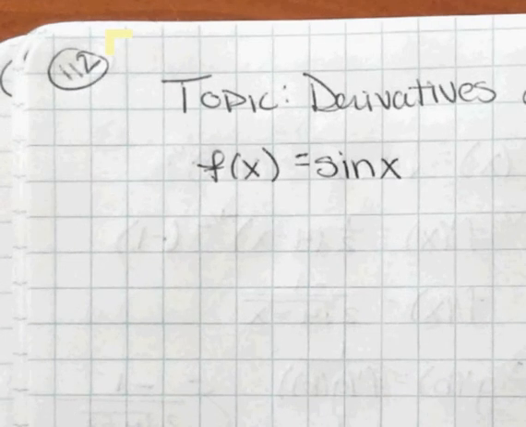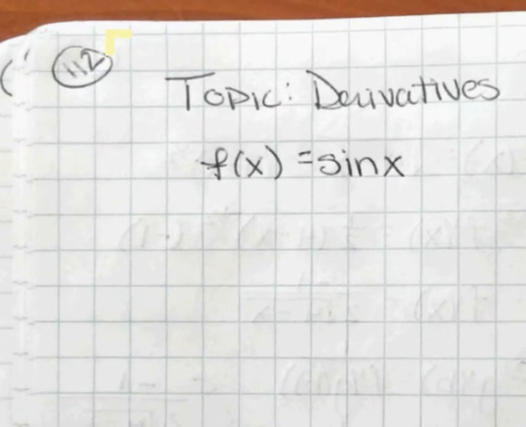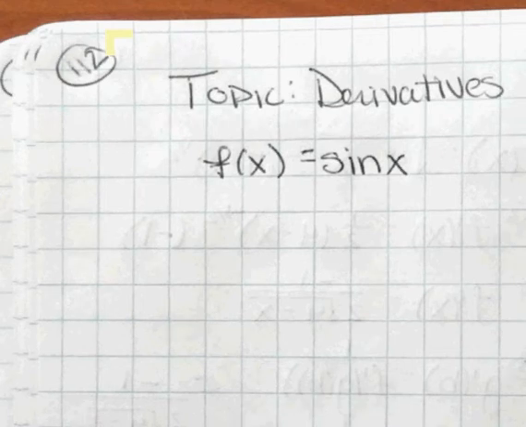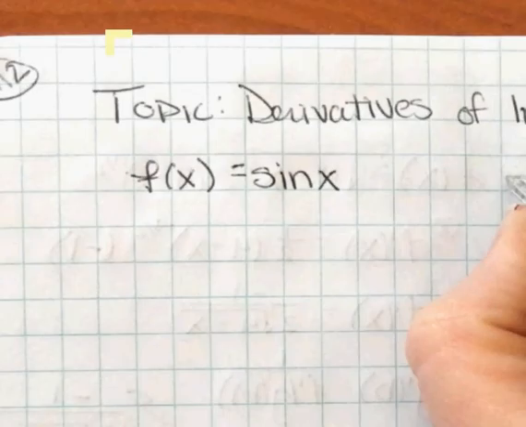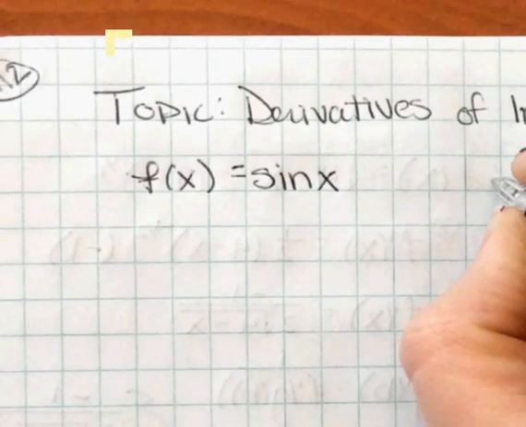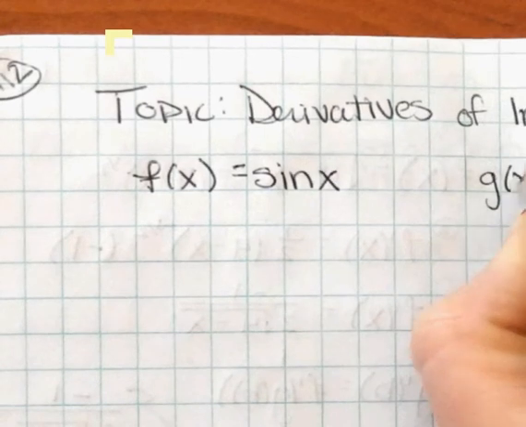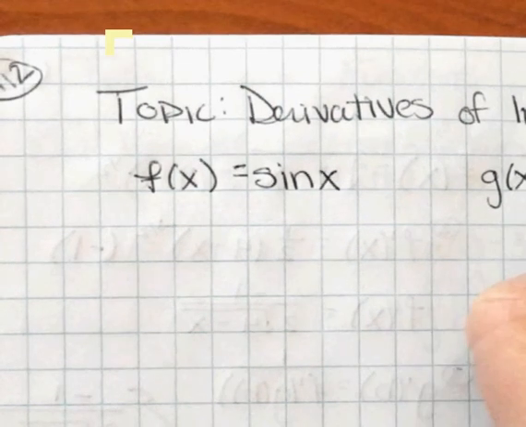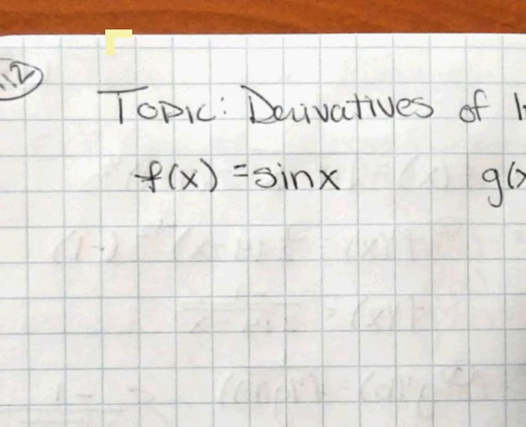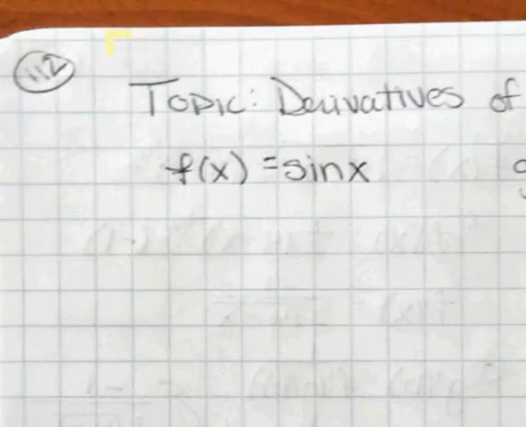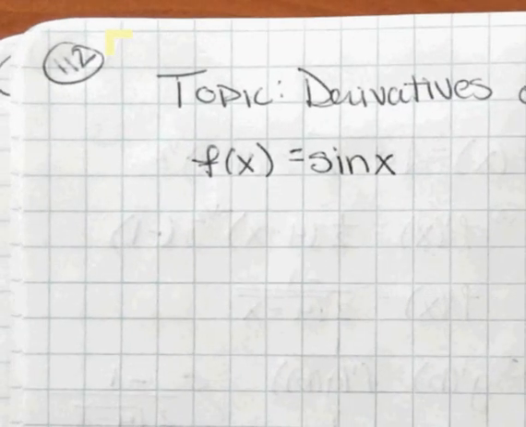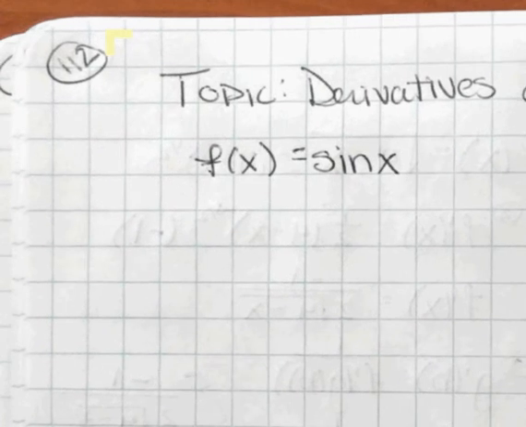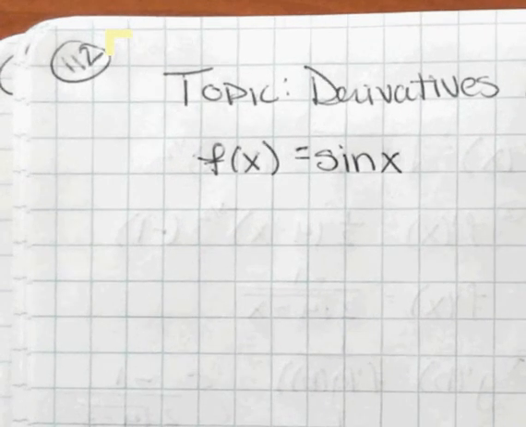What do we call that? Arc sine, or sine to the negative 1. For today and the rest of the year, we're going to call it arc sine. Sometimes you see it as sine with that -1 power. Okay, that means inverse for trig.